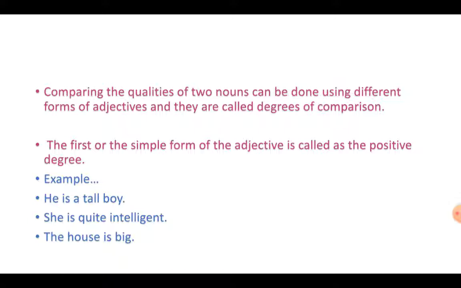But in case we have two nouns, two things, then we use the comparative degree. Then we have to make a comparison using the comparative degree. Out of two, we find out which is better, which is lesser, which is fatter, which is thinner.